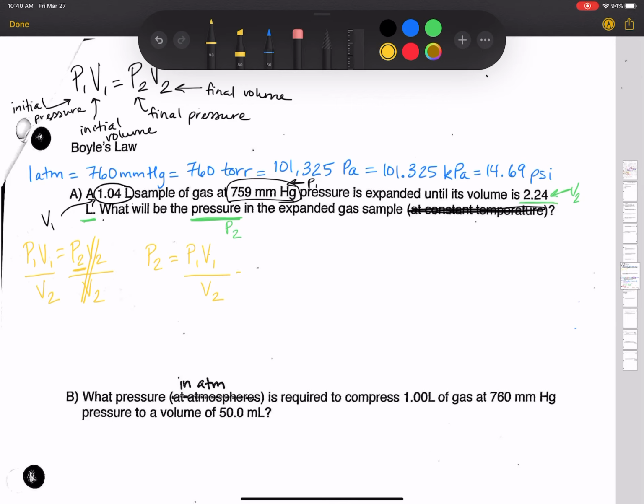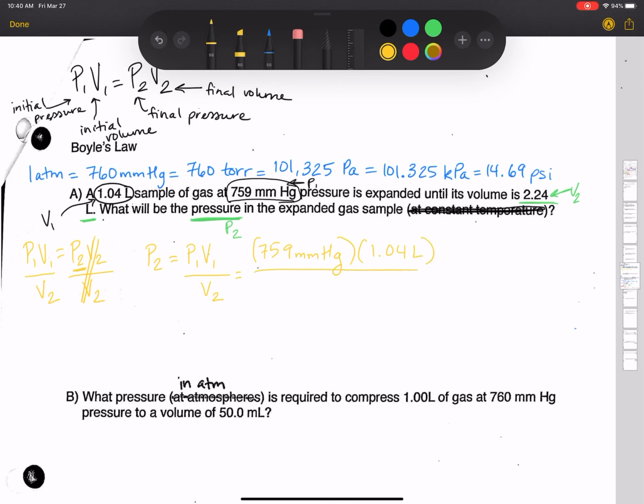Now that I have my formula set up, I can just plug in my variables. So my P1 from my question is 759 millimeters mercury. That's my P1. I'm going to multiply that by the V1, which was 1.04 liters.